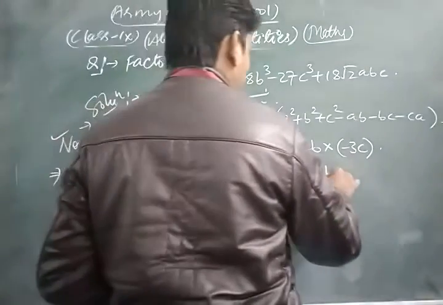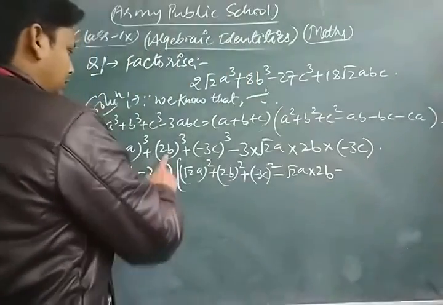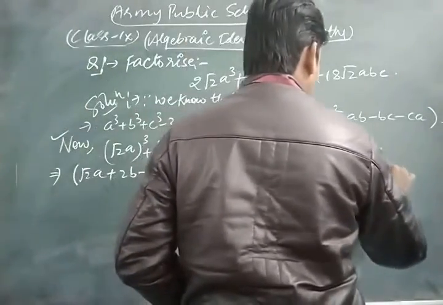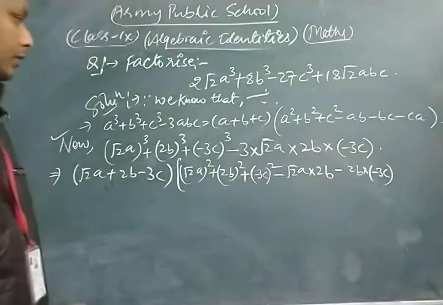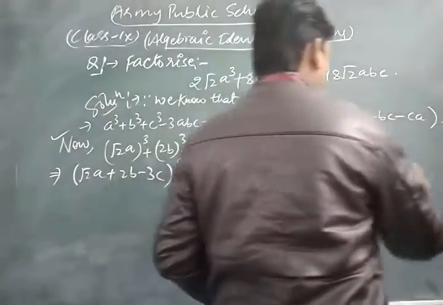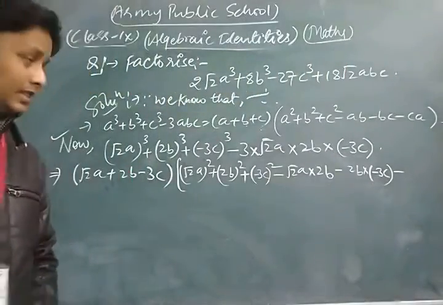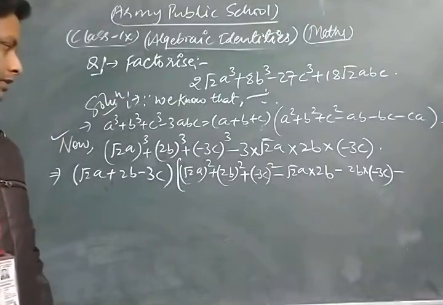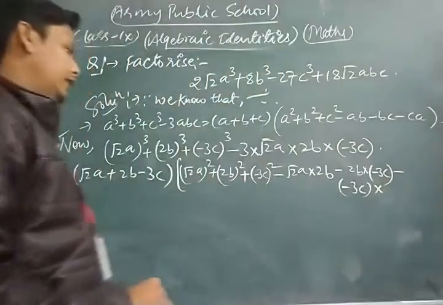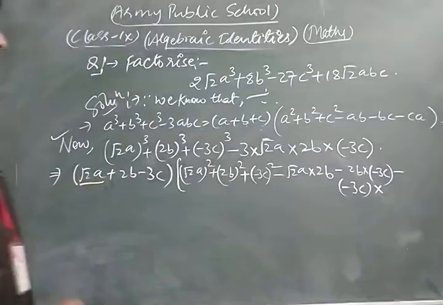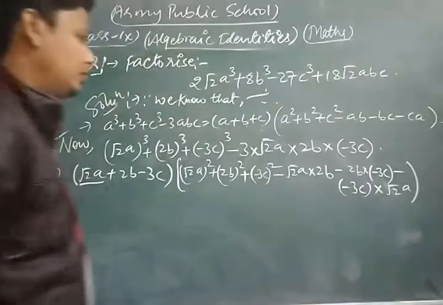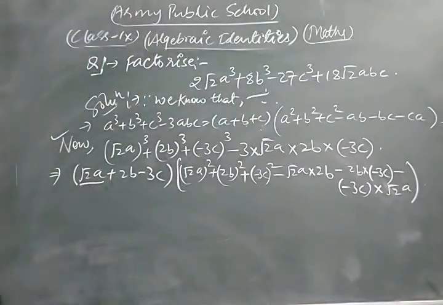Minus bc, this into this, minus b into c, that is 2b into minus 3c. And minus ca, c is minus 3c into a, that is under root 2 a.